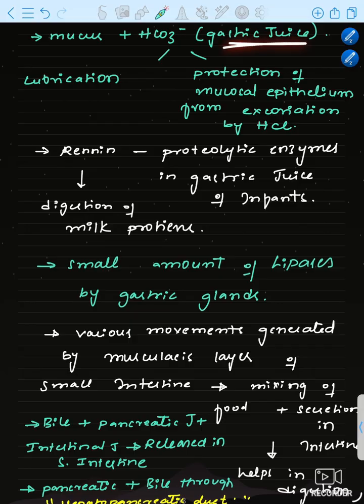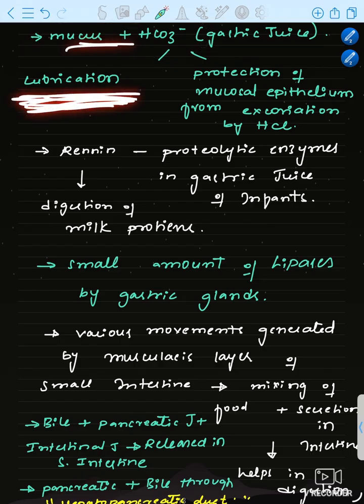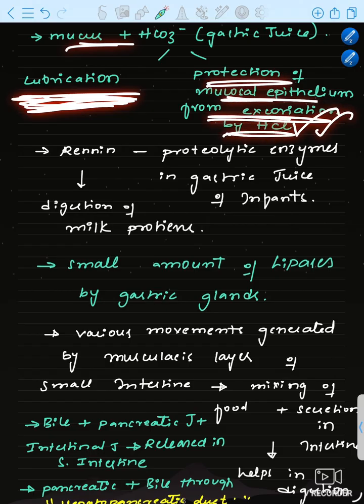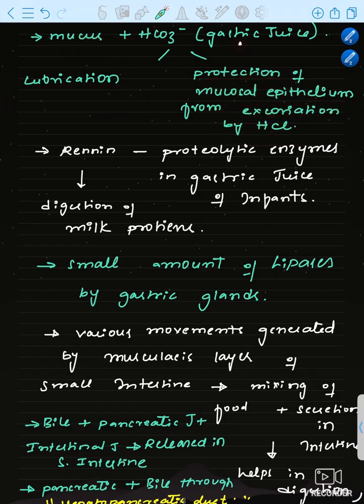To neutralize that, in gastric juice, mucus and bicarbonate ions will be there. Mucus helps in lubrication of the food and protection of the mucosal epithelium from excoriation by HCl. Two functions. Gastric juice contains mucus and bicarbonate for lubrication and protection of the mucosal epithelium from excoriation by HCl.